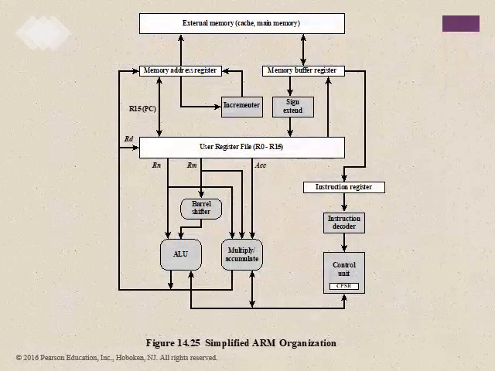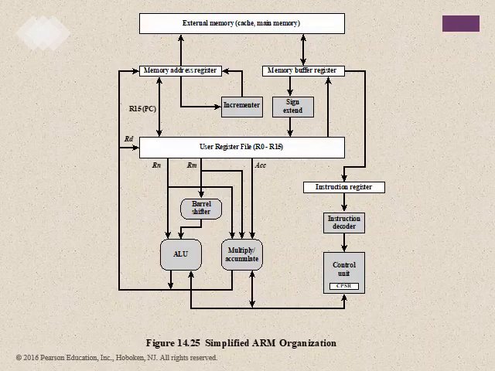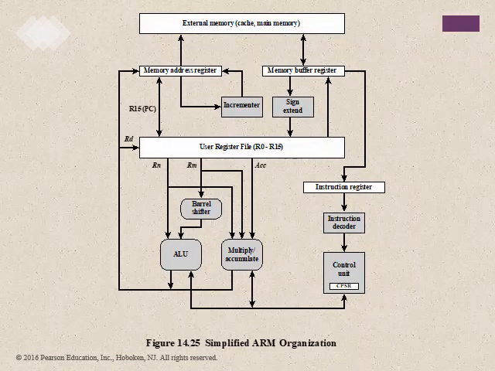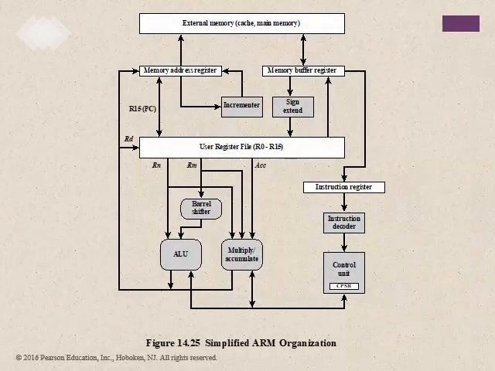The ARM processor organization varies substantially from one implementation to the next, particularly when based on different versions of the ARM architecture. However, it is useful for the discussion in this section to present a simplified generic ARM organization, which is illustrated in this figure in this slide.